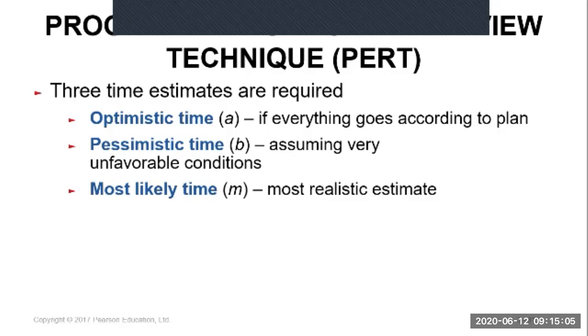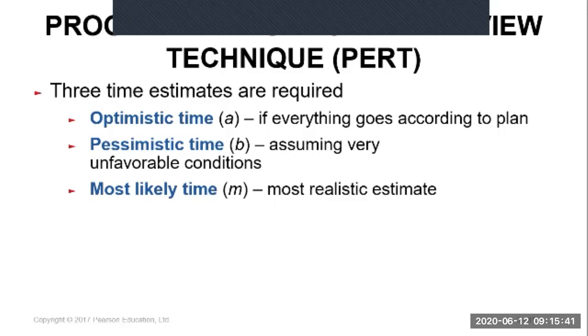Let's say activity A you can complete within 2, 4, 6, 7, and 9 weeks. The earliest one, 2 weeks, is the optimistic time. And the pessimistic time is the longest one. In this case, 9 is the pessimistic time, the longest, the unfavorable: you can only complete within it under an unfavorable condition.